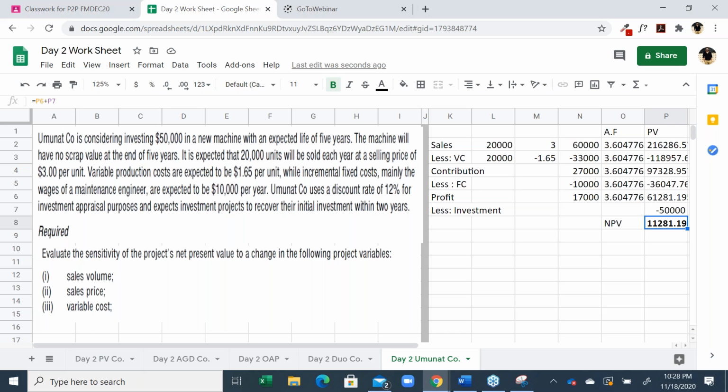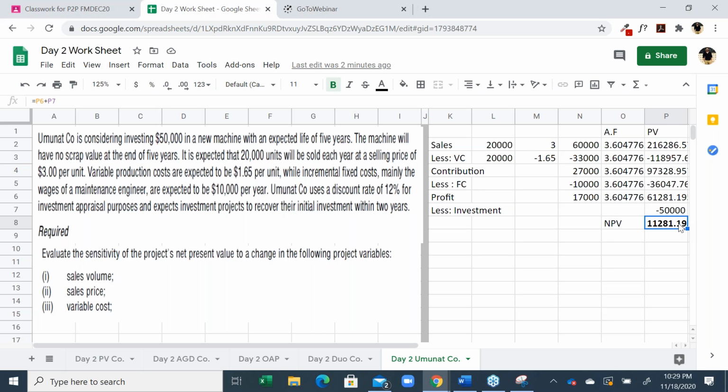But tell me one thing, if I change the sales volume, will this change the NPV? Asad, by multiplying it with the NVT figure, we have actually calculated it for 5 years. So if the sales volume goes down, what will be the impact on NPV?